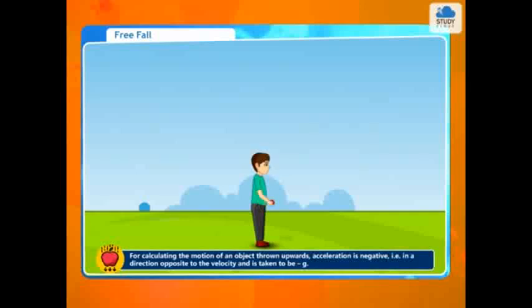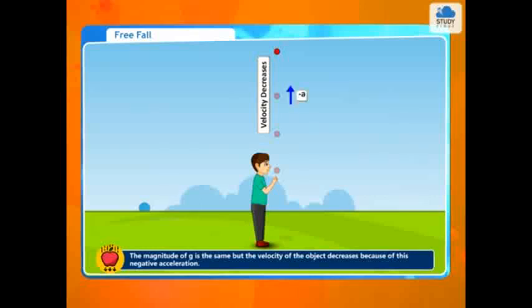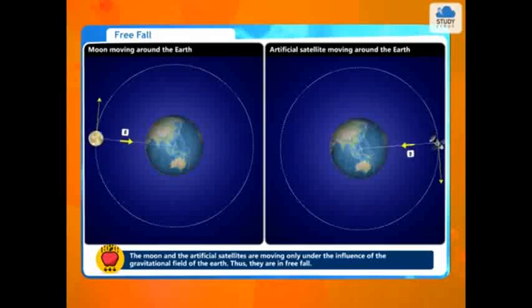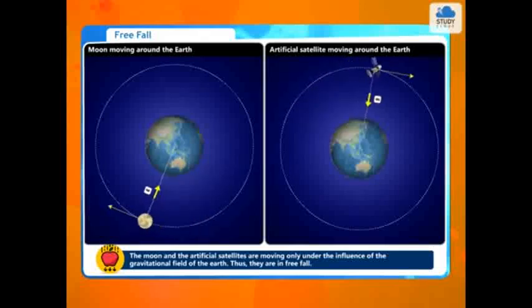For calculating the motion of an object thrown upwards, acceleration is negative, that is, in a direction opposite to the velocity, and is taken to be minus g. The magnitude of g is the same, but the velocity of the object decreases because of this negative acceleration. The moon and the artificial satellites are moving only under the influence of the gravitational field of the earth. Thus, they are in free fall.